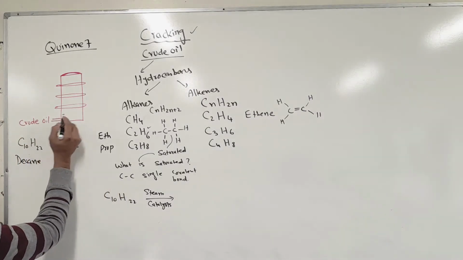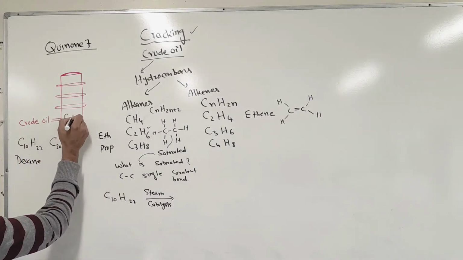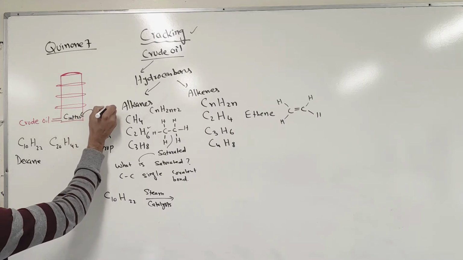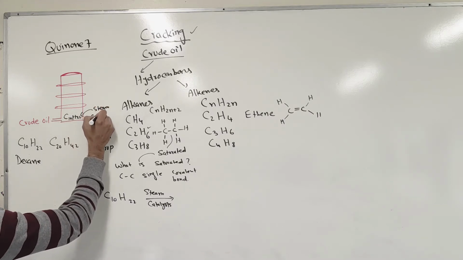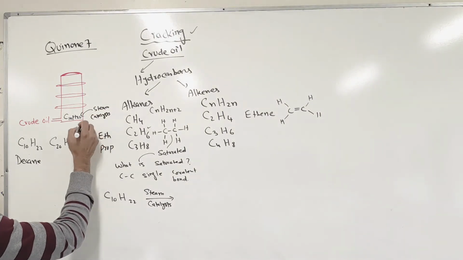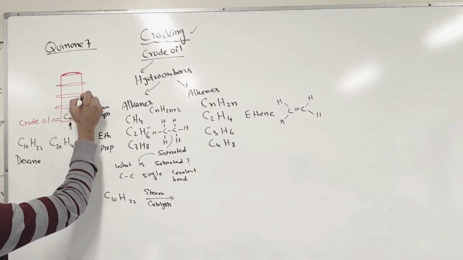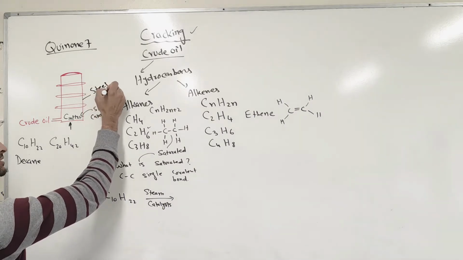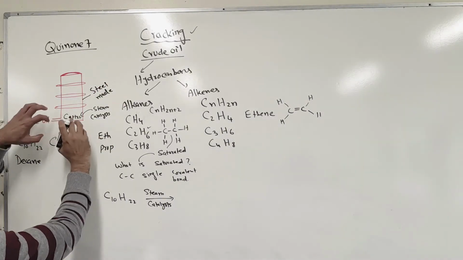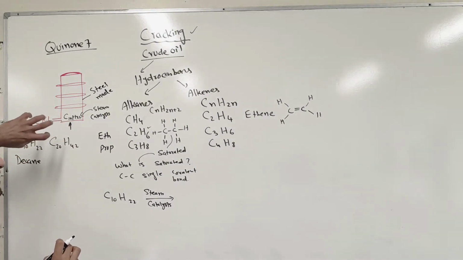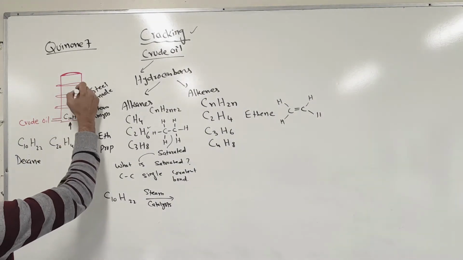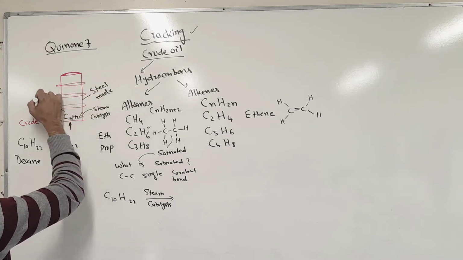Now you put C10H22 there, you put the steam and you put the catalyst in there, and you heat it up, and these are steel containers. So you put the large hydrocarbons in there, you heat them up, mix them with the steam and the catalyst, and they will be thermally broken down.